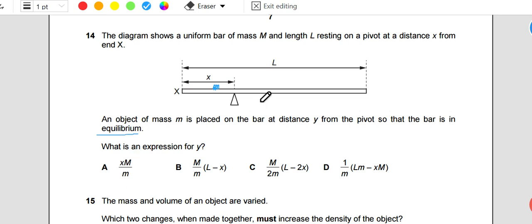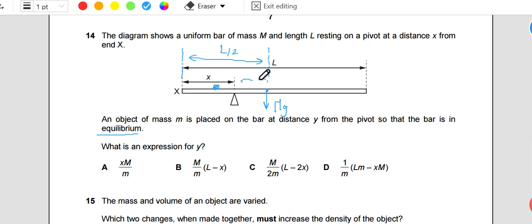And we can apply principle of moments. At the midpoint of the bar, the weight of the bar acts, capital G, and the distance from the end to the midpoint is L over 2, and from the midpoint to the pivot it is L over 2 minus x.